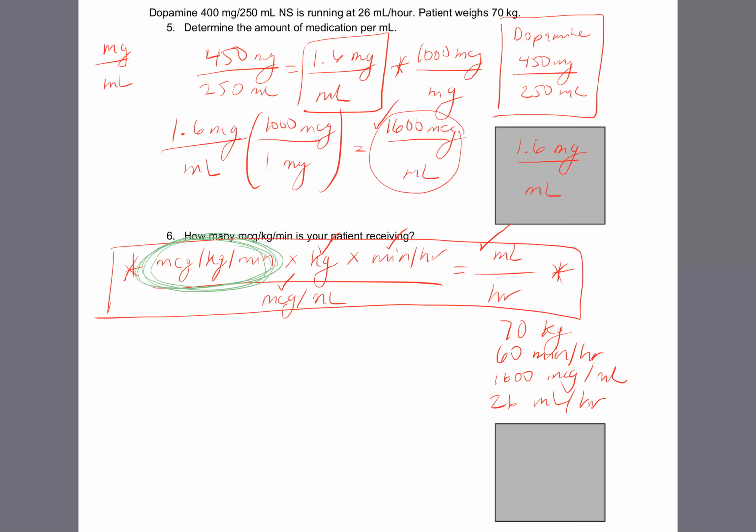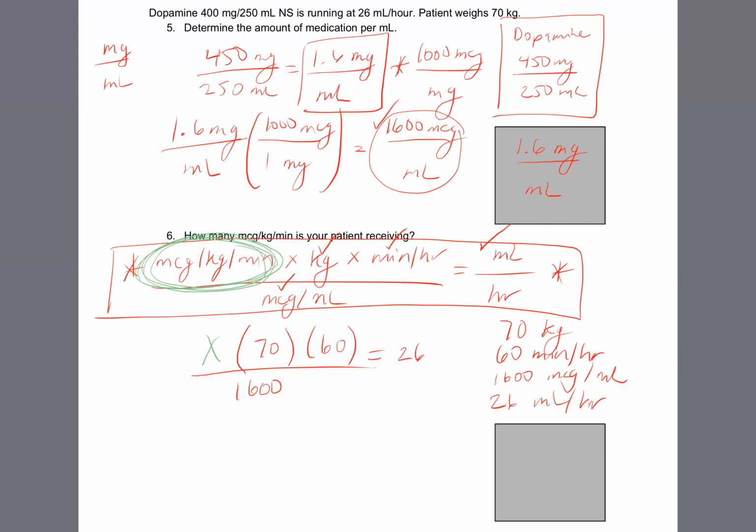Okay, so we're going to figure out micrograms per kilogram per minute, and we're basically just going to call that X. So we have X here, and it's going to be multiplied by the patient's weight, which is 70, multiplied by 60, all over 1600 equals 26. So since we're figuring out X, let's go ahead and rewrite the equation.